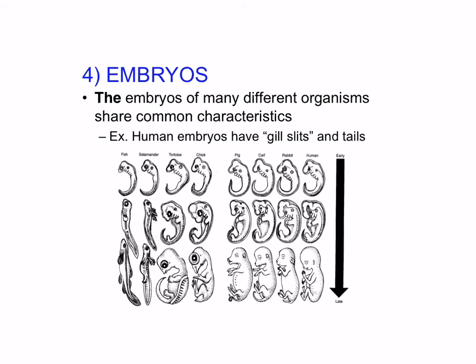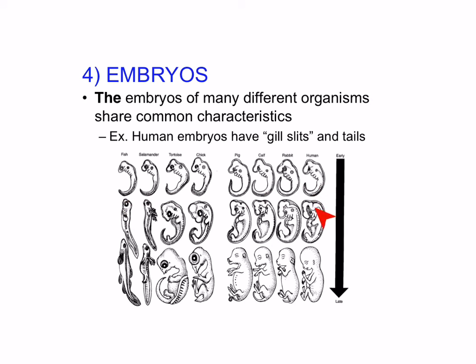The fourth kind of evidence we have for evolution is looking at embryos. And we know that the embryos of many different organisms share common characteristics. So we can look at a fish, a salamander, a turtle, a chicken, a pig, a cow, a rabbit, and a human. And at the earliest embryonic stage, early in development, they almost look identical.